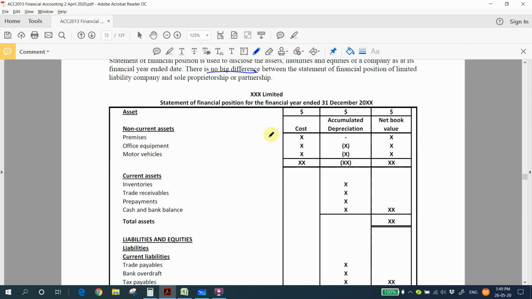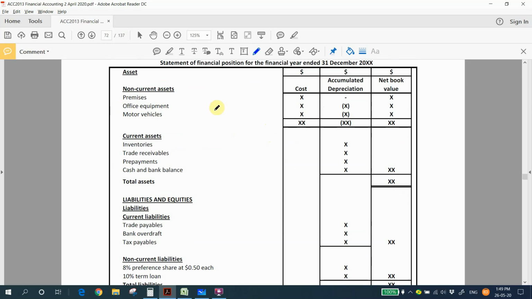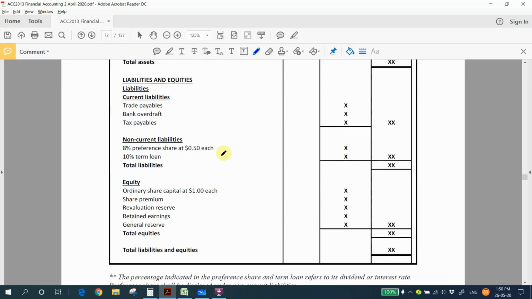We're still using the same format. The only thing you have to take note of is this: preference share. Preference share is under non-current liability. Don't record this under equity, okay?